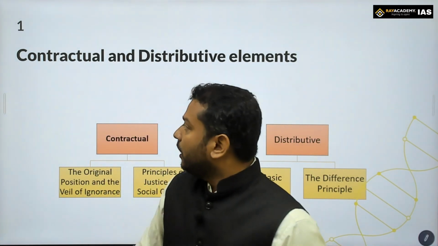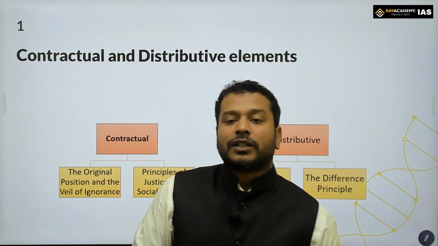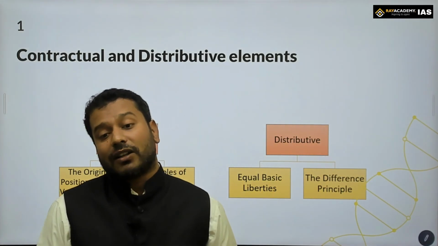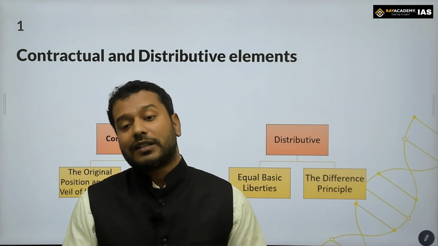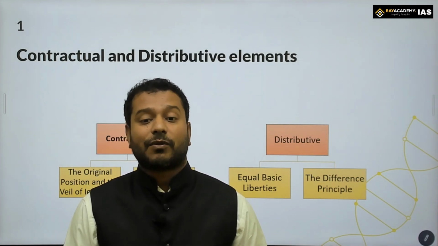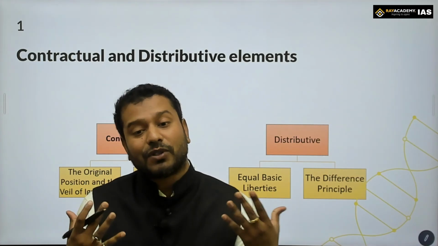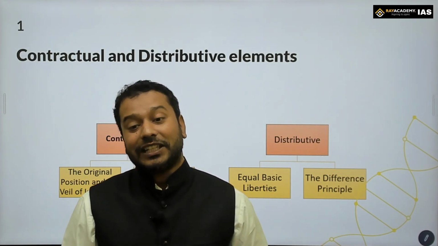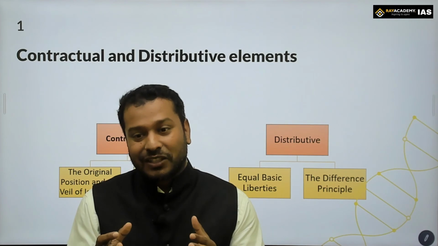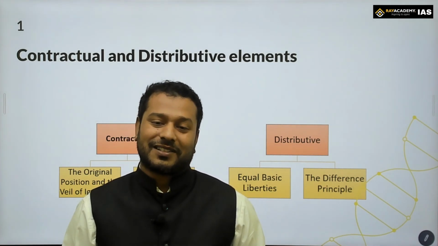So further going, if we look into the contractual, as I told, the original position and the veil of ignorance, John Rawls has introduced the concept of original position as a hypothetical scenario where individuals come together to choose principles of justice.